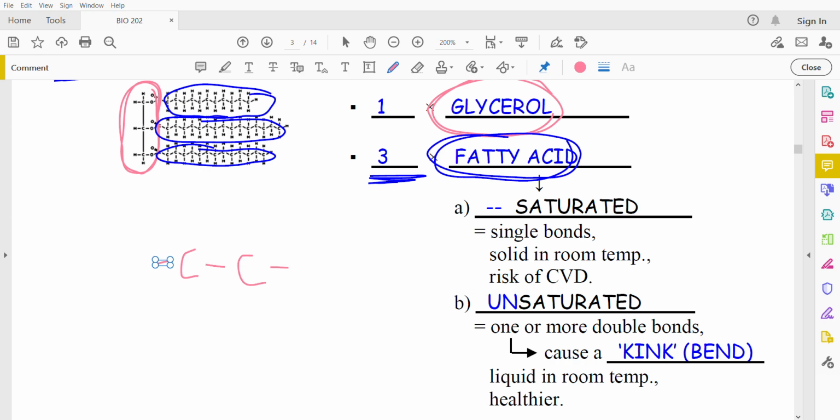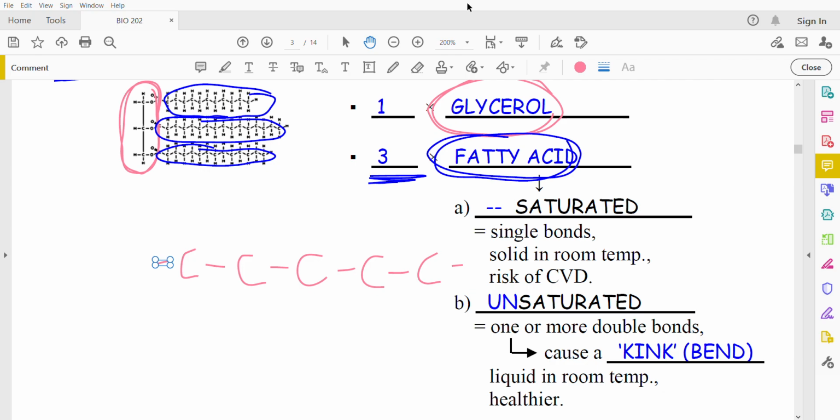You remember there was just a single line connecting these, and that meant that they formed this straight structure. There was no kink or anything odd when we draw the chemical structure of these fatty acids.